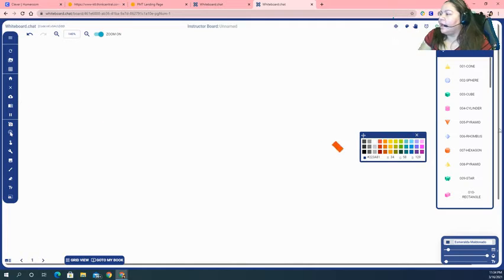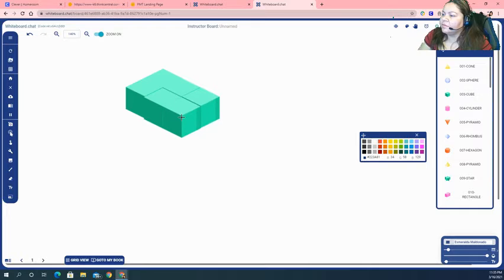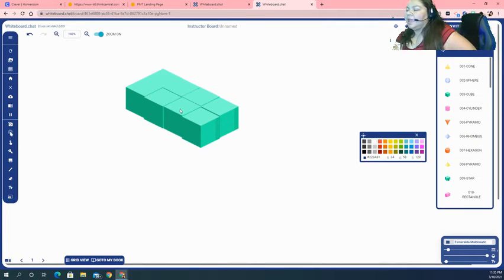Now here I'm going to make another rectangular prism where I have 1, 2, 3, 4, 5, 6, 7, 8. So in this case, I put 8 unit cubes.